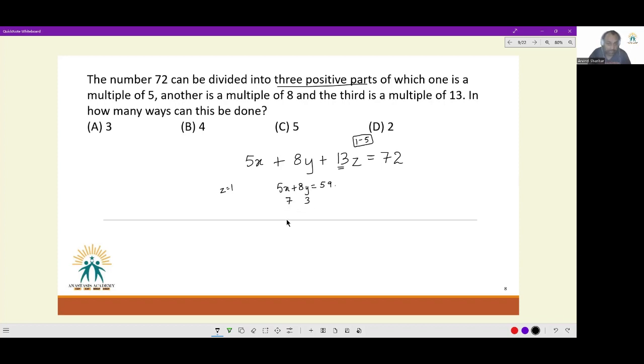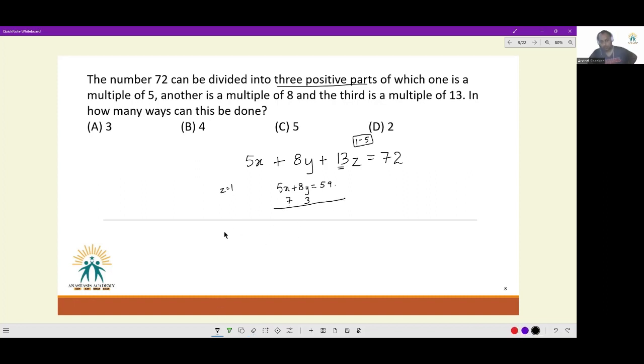The next solution set would be either x goes up by 8 or goes down by 8, and y correspondingly will go down by 5 or up by 5. If x goes down by 8, it will turn negative. If it goes up by 8, it will become 15, but then y would have to go down by 5, to minus 2. This is unacceptable. We cannot have a solution set like this, which means this is the only case when z is equal to 1.